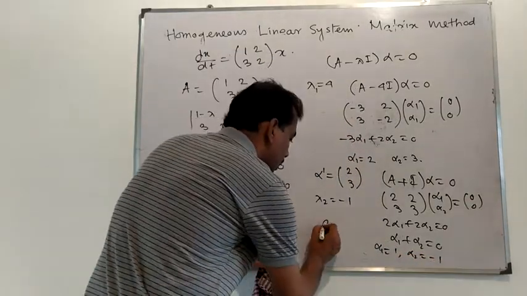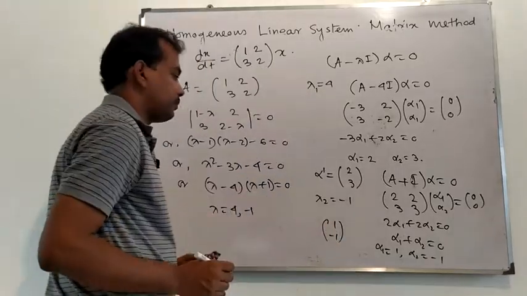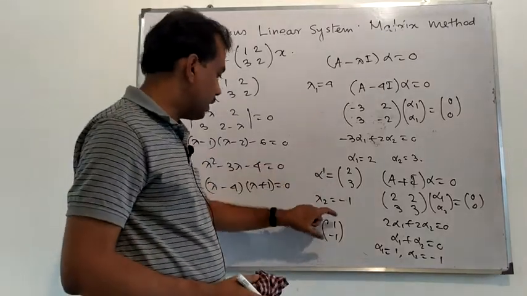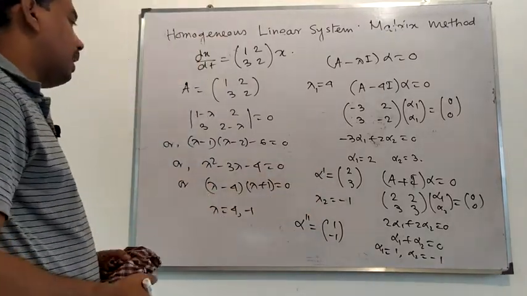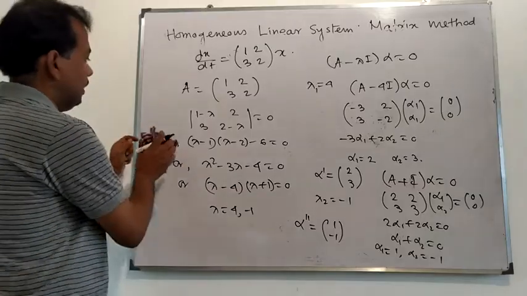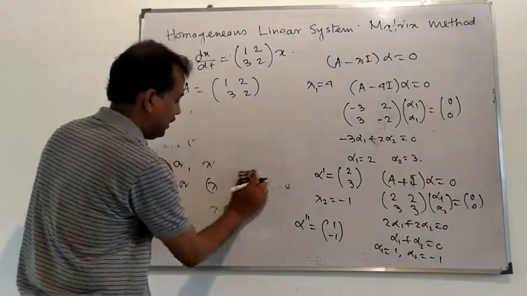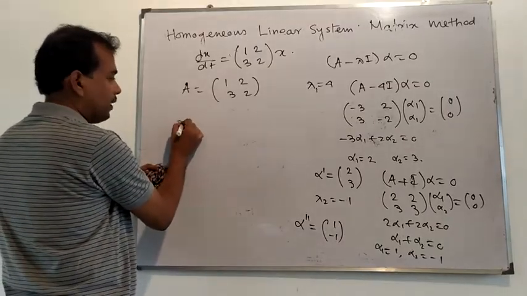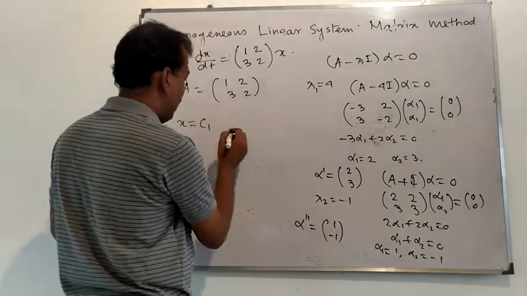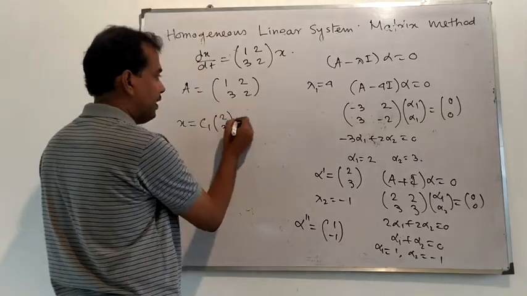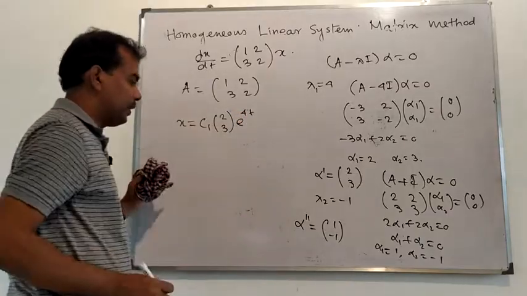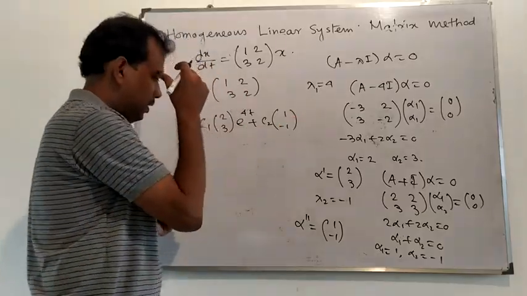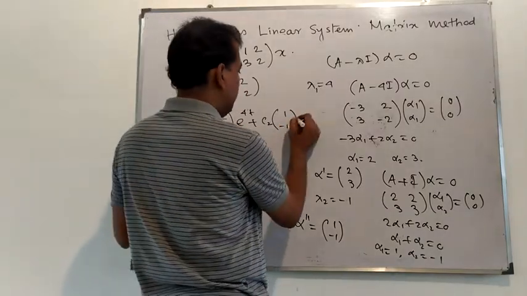So (1, minus 1) is equal to alpha double dash. So this is the eigenvector corresponding to lambda equal to minus 1. So the general solution is x is equal to C1 (2, 3) e to the power 4t, plus C2 alpha double dash e to the power minus t.